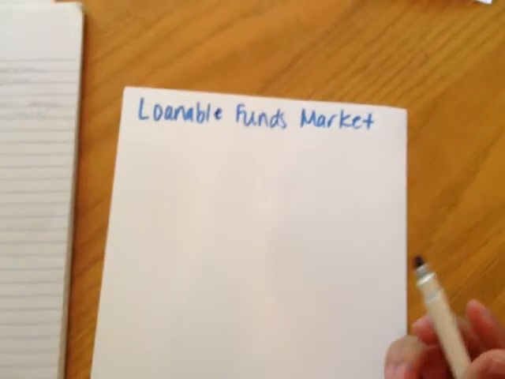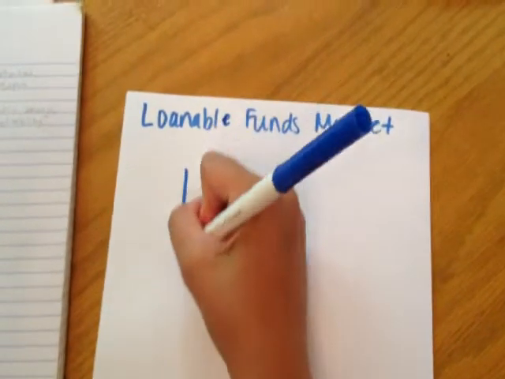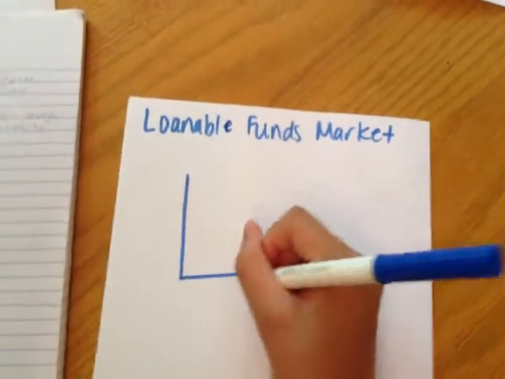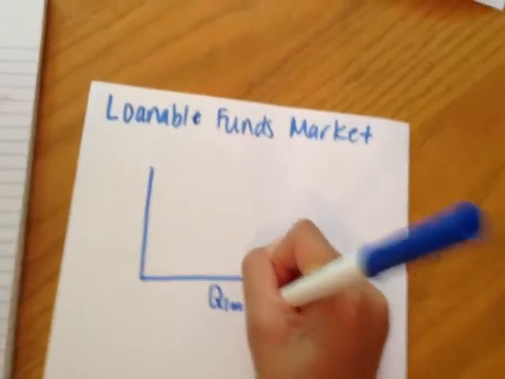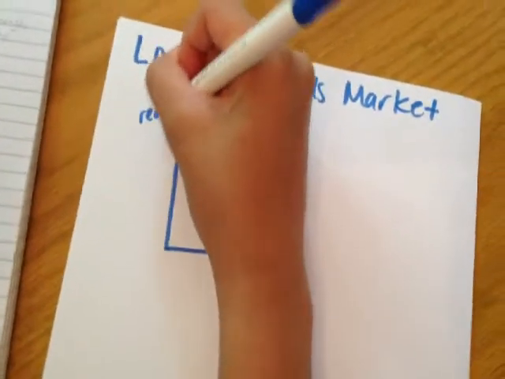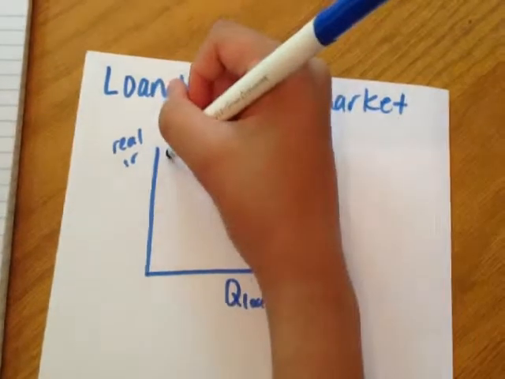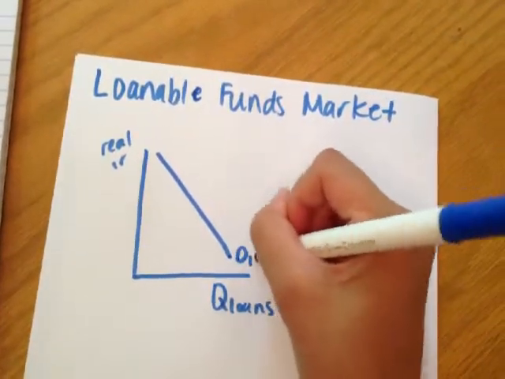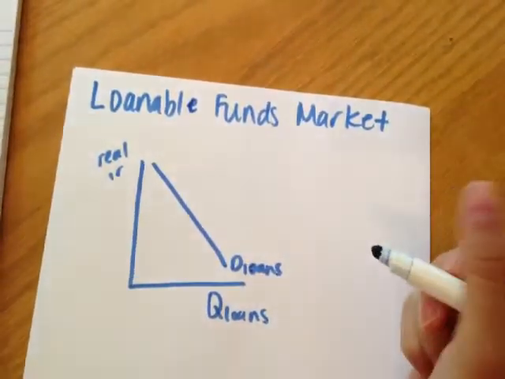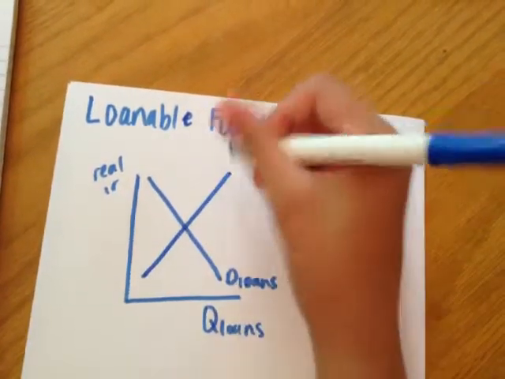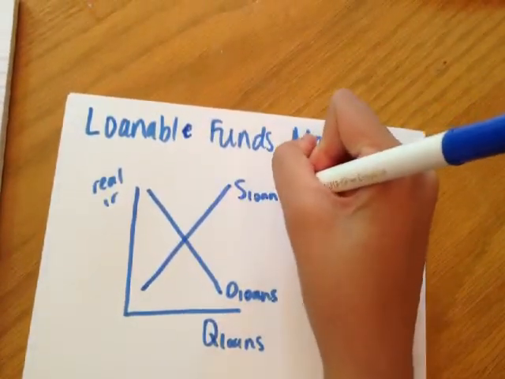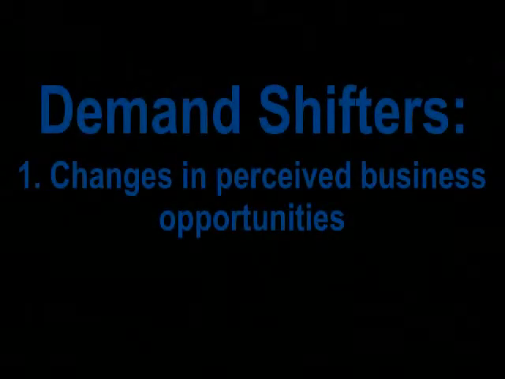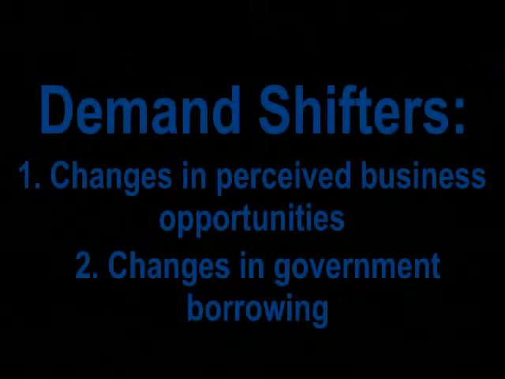Okay, so the loanable funds market is the relationship between the quantity of loans and the real interest rate. The demand for loans is downward sloping, just like your aggregate demand curve, and the supply of loans is upward sloping. So some shifters of the demand are changes in perceived business opportunities and changes in government borrowing.